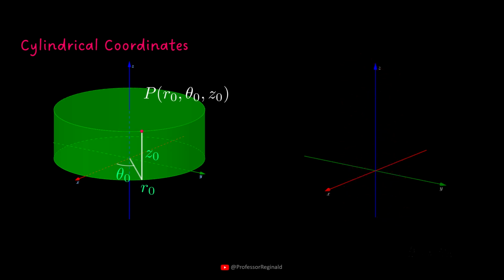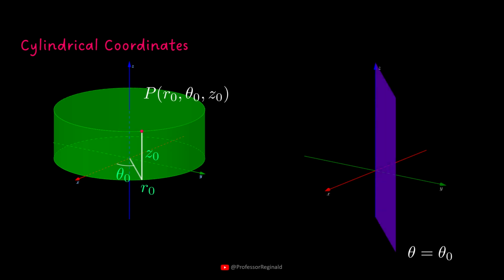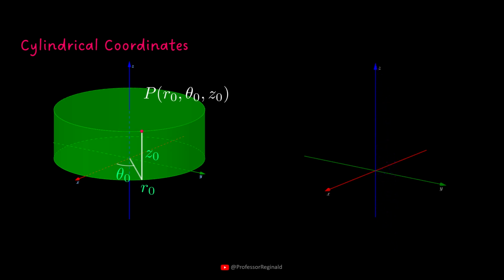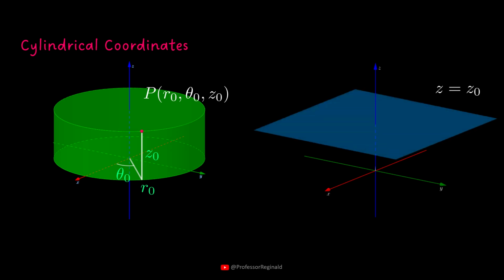The graph of theta equals a constant theta0 is a half-plane that starts along the z-axis, and makes an angle of theta0 with the positive x-axis. The graph of z equals a constant z0 is a horizontal plane, whose distance from the xy plane is z0.